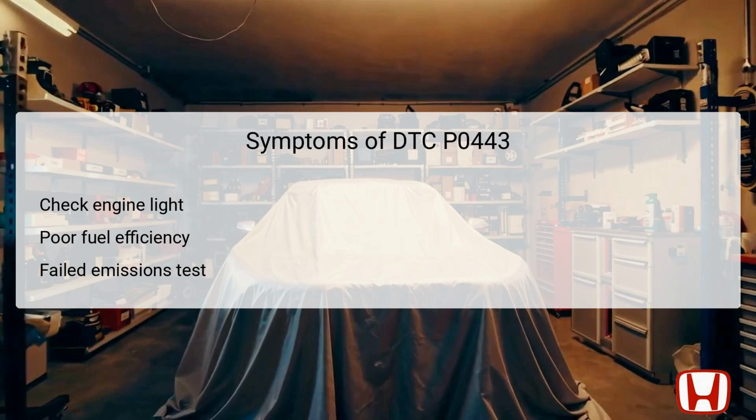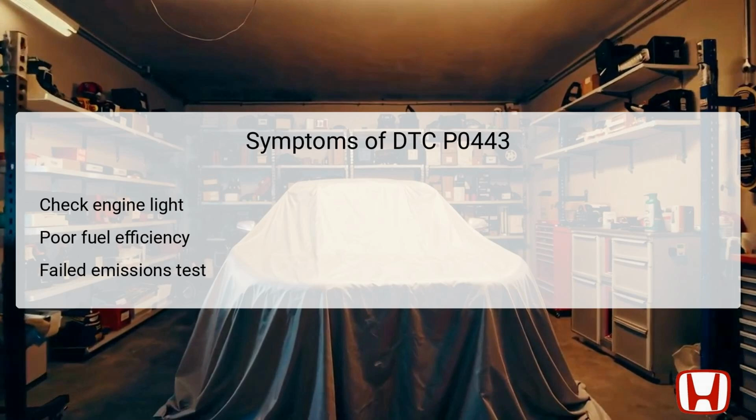Additionally, this malfunction may result in a failed emissions test, as the vehicle will not meet environmental regulations set for permissible emissions levels. These symptoms highlight the importance of addressing DTC P0443 promptly to maintain vehicle efficiency and compliance with emission standards.